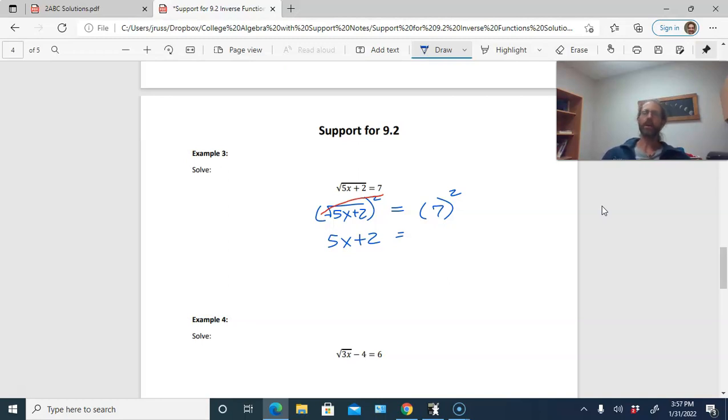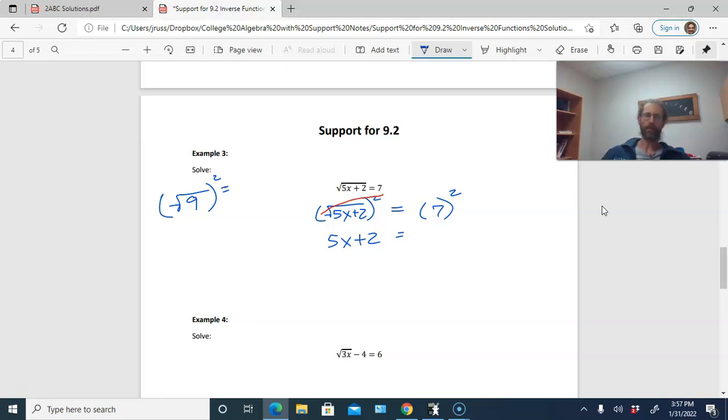Now I want to show you why these cancel. If I had the square root of 25, well, let's do something a little easier. Say the square root of 9. We know the square root of 9 is 3. So I've got the square root of 9, and I want to square this.